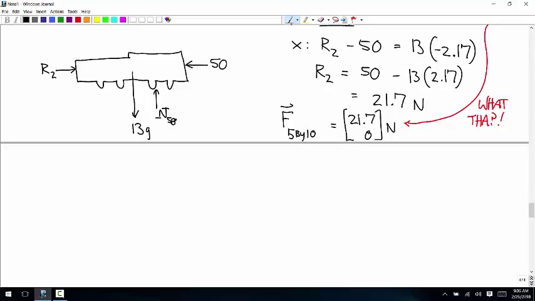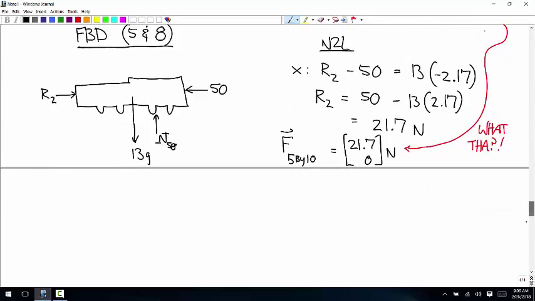I didn't think so. So the way I did it without using Newton's third law is I isolated the 5 and the 8 together. And then I just calculated that pushing contact. And when I calculated it, I got that Newton's third law.